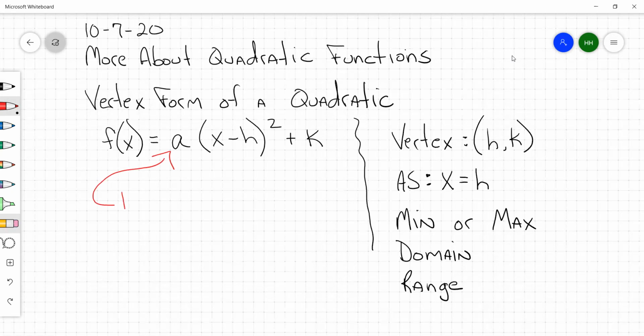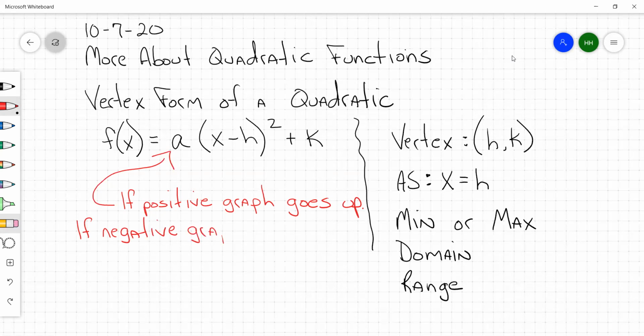Remember yesterday we said if positive, graph goes up. If negative, graph goes down.